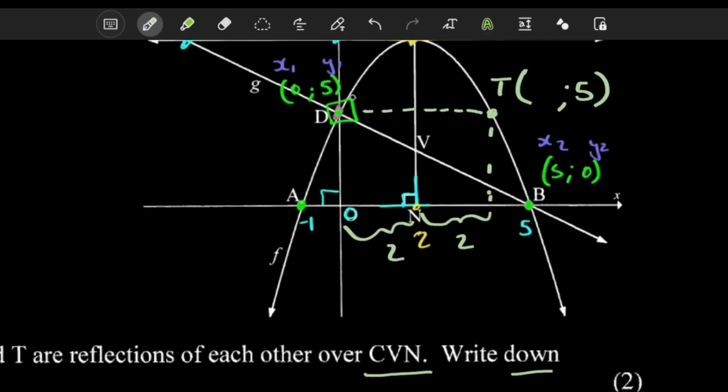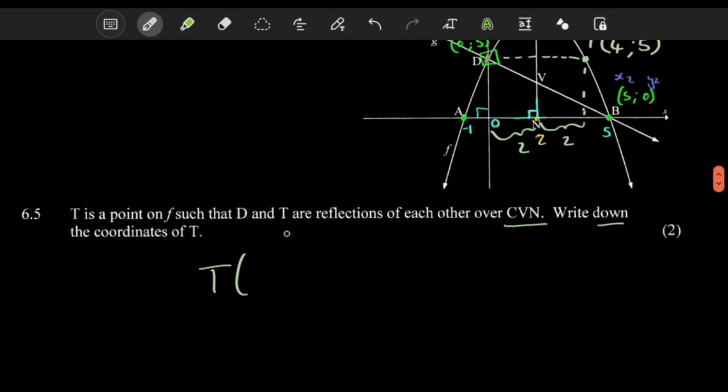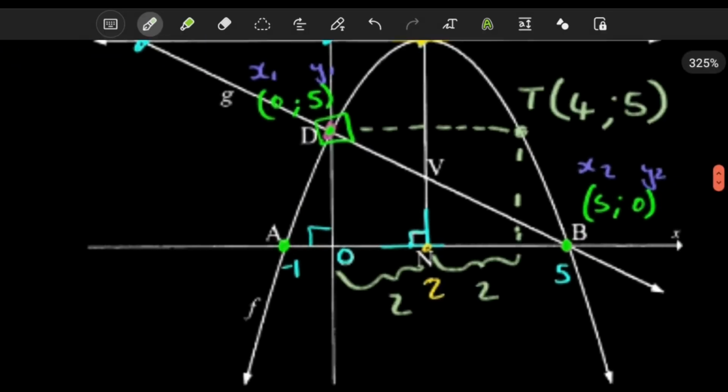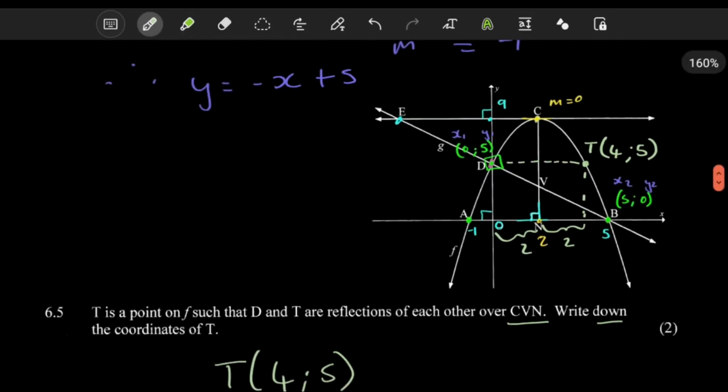So if this is 2 units to the right, this also has to be 2 more units, meaning the x value here is a positive 4. So you don't have to overthink this question. X is 4, y is 5, because they're reflections of each other. From here to there it's 2, so from here to there it also has to be 2. That's 2 units plus 2 units, which gives you 4 units.